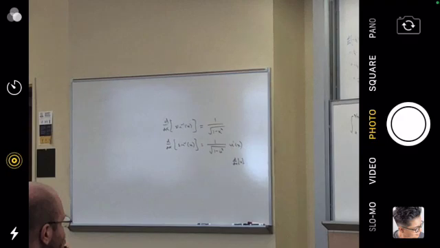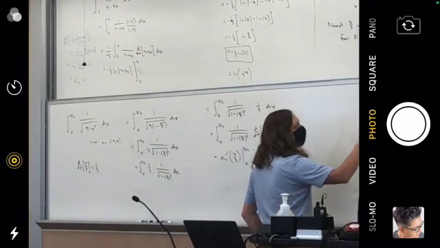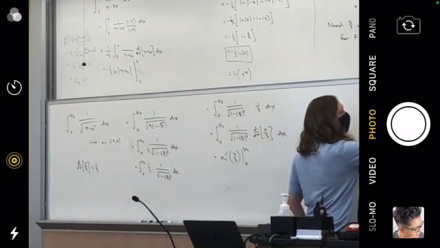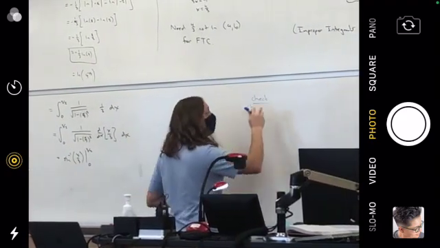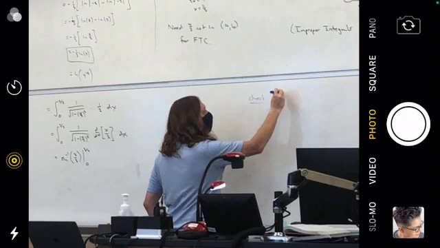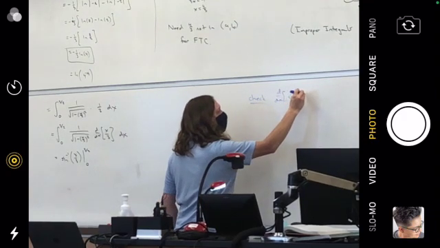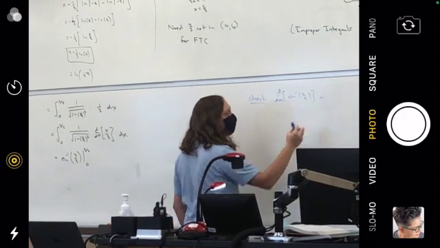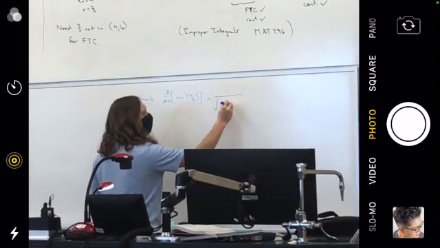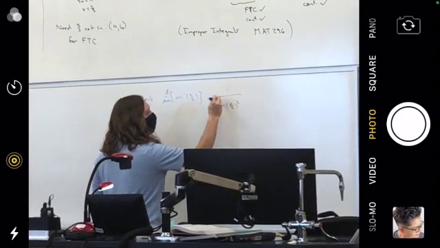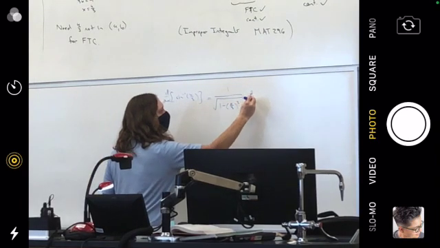All right, what should we always do? Just because it's easy to make a mistake, check it. The derivative of inverse sine of x over 3 is what? 1 over the square root of 1 minus the inside squared, then times the derivative of the inside.